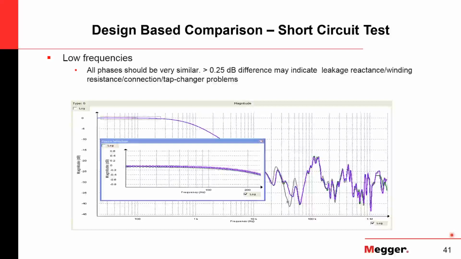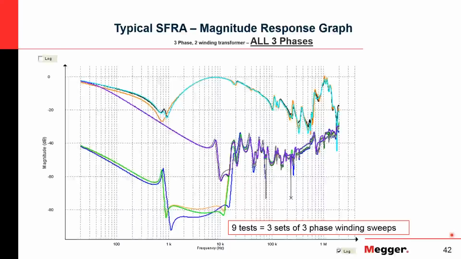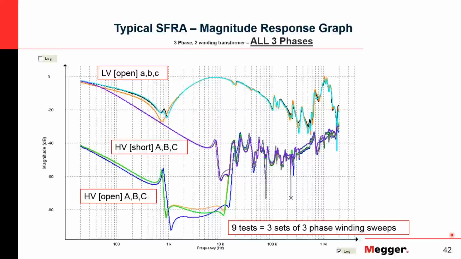So at your basic nine tests here, you're going to have your six open circuit tests, your low voltage open, your high voltage open, and then your high voltage short. And so you get this typical response, and you can do a phase comparison.